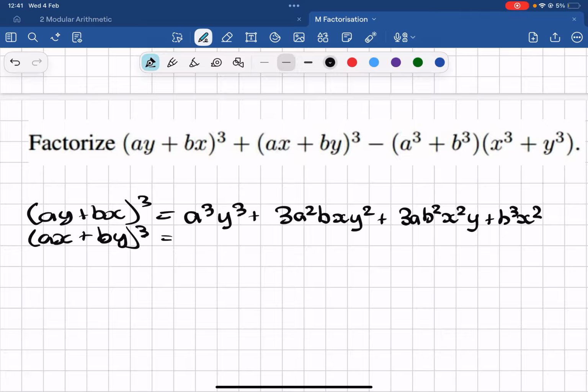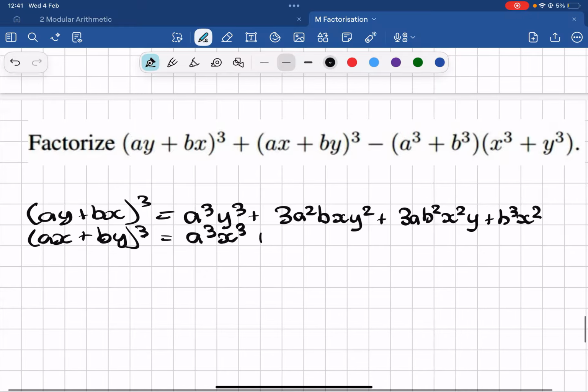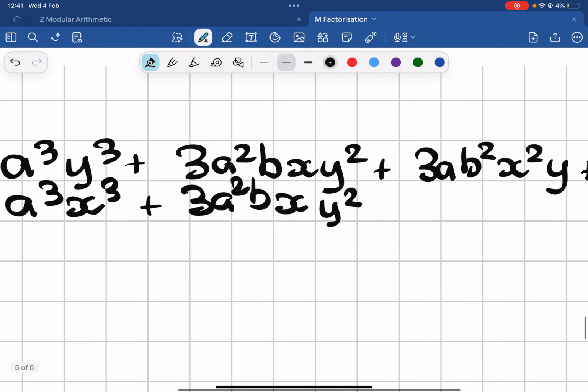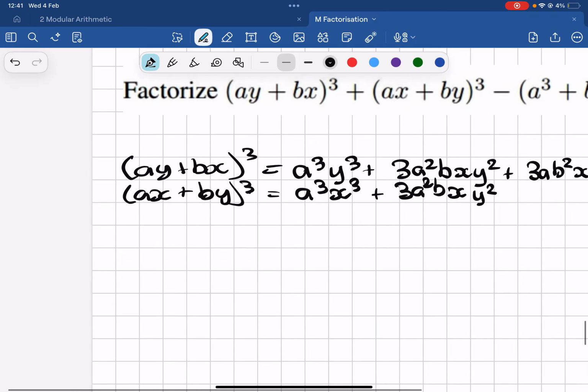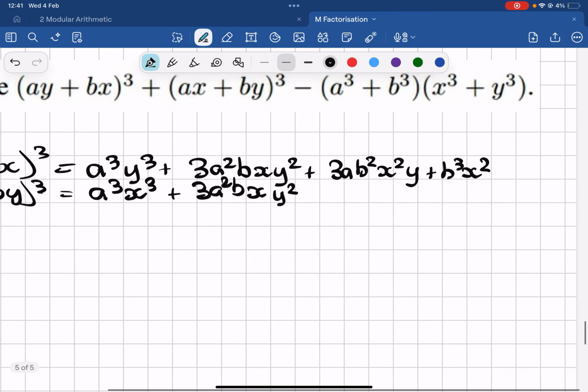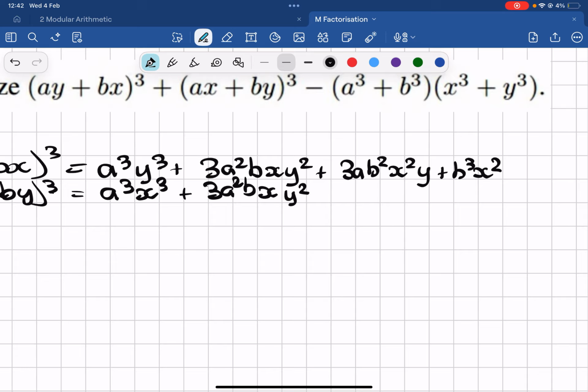So we can use the same identity: a cubed x cubed plus 3a squared b x squared y plus 3ab squared x y squared.